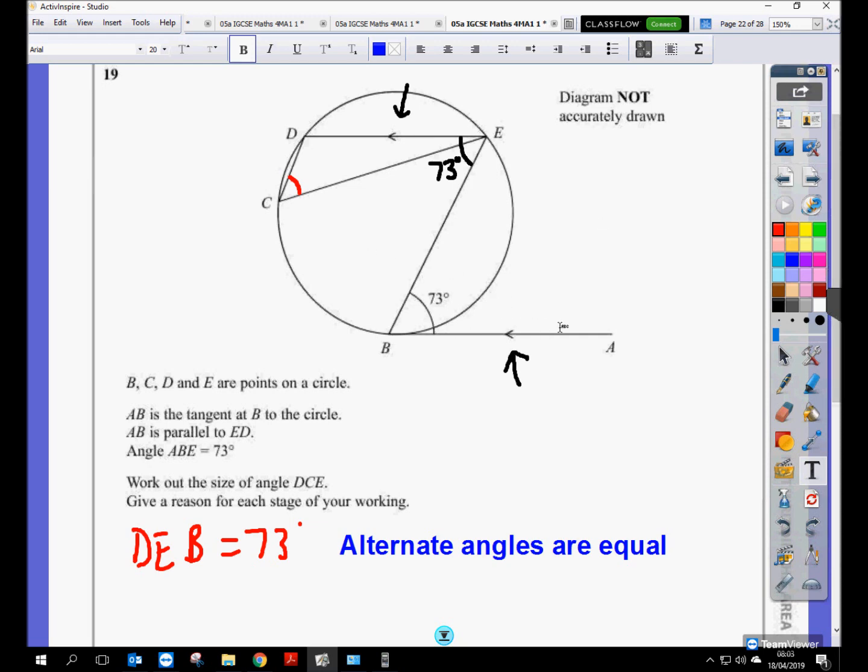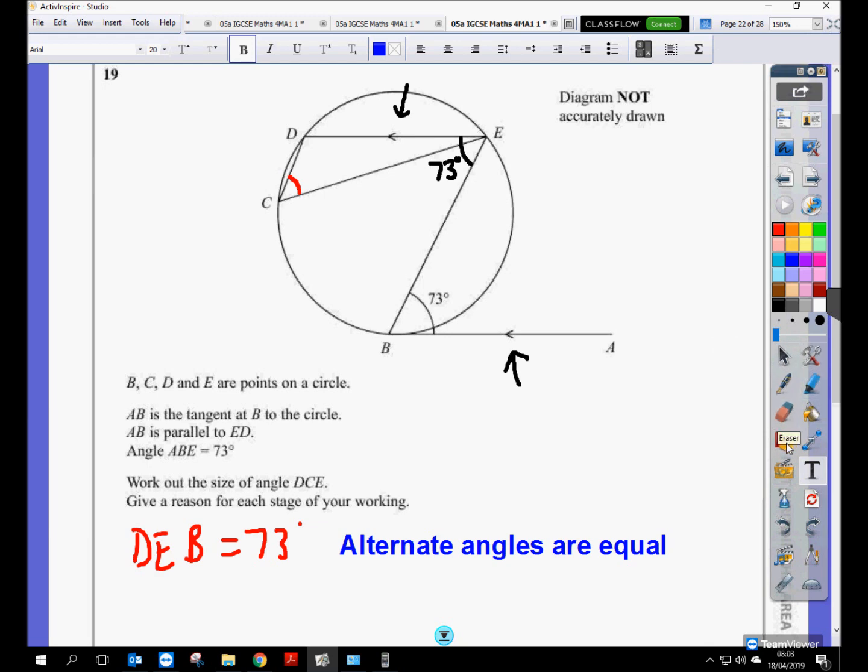Now, what else can we do? Well, I mentioned the alternate segment theorem earlier on, and we can certainly use the alternate segment theorem to help us here. Because if you take a look at the line AB, that's a tangent.